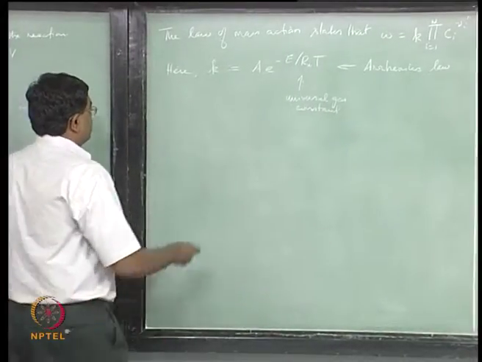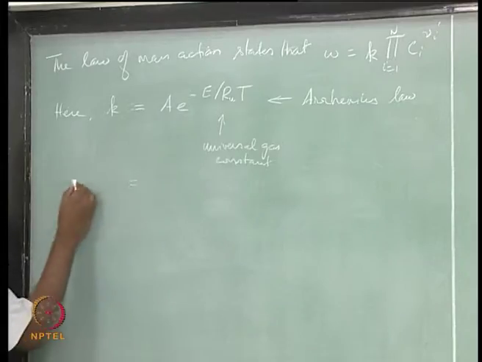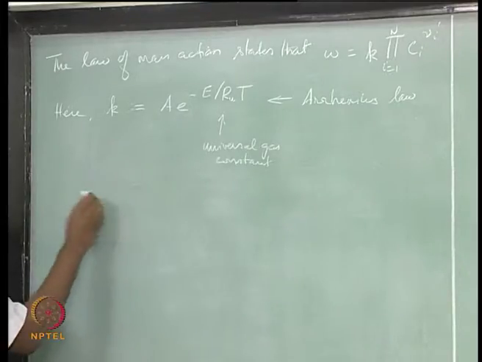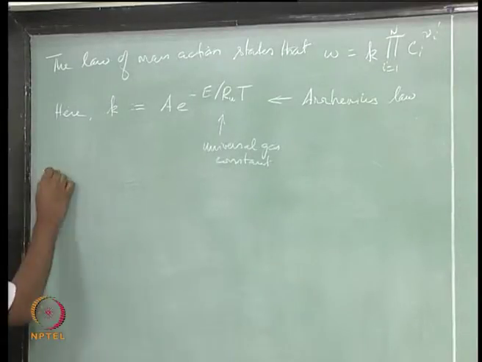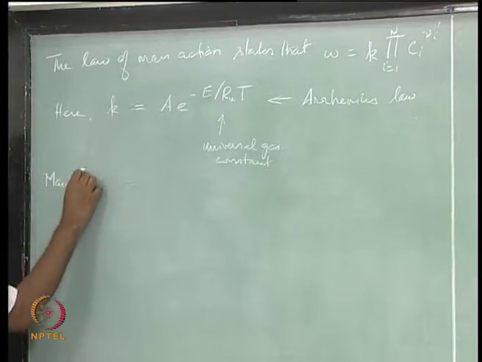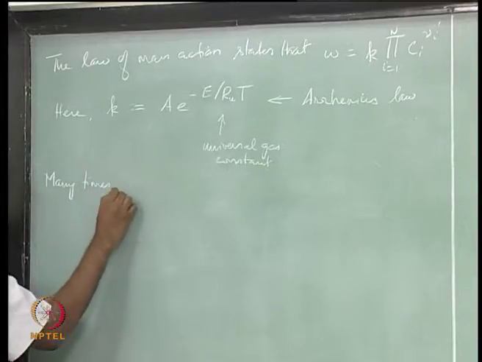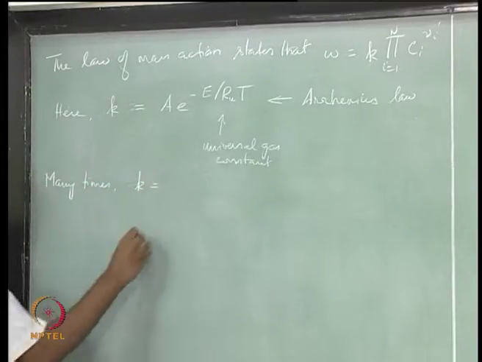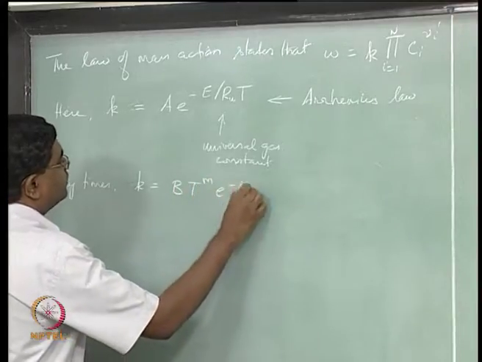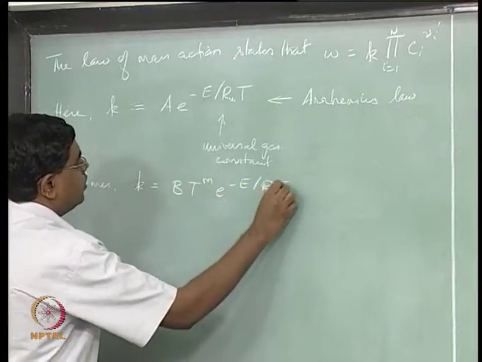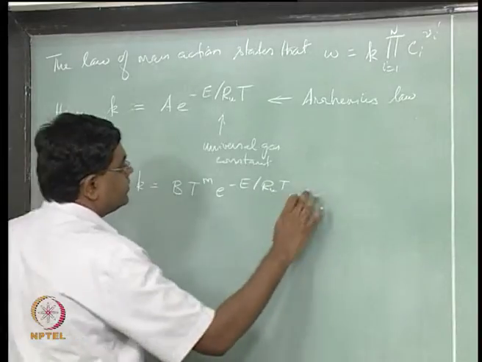You could also write, many times, k equals B T to the power m times e to the minus E over RuT.